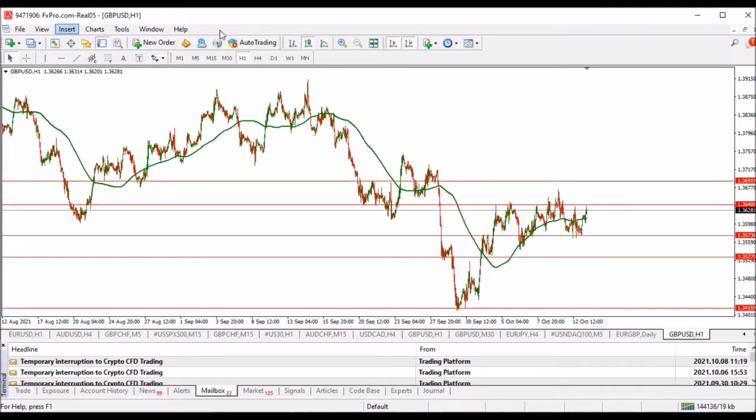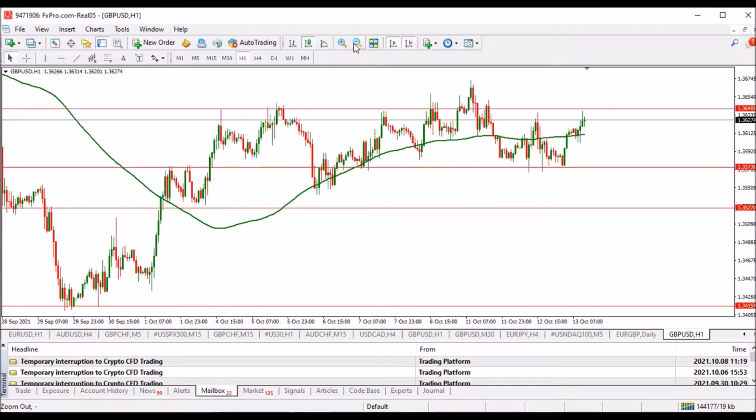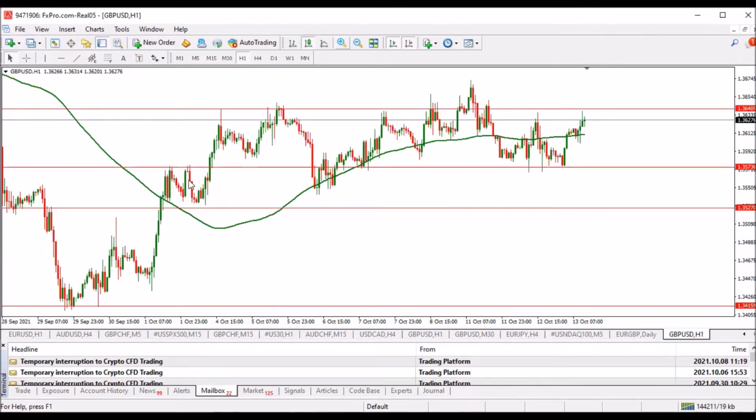Let me zoom in so you can see what I'm talking about. As you can see, it sat, and when it went up, we expected it to sit over here again, and it sat here again.